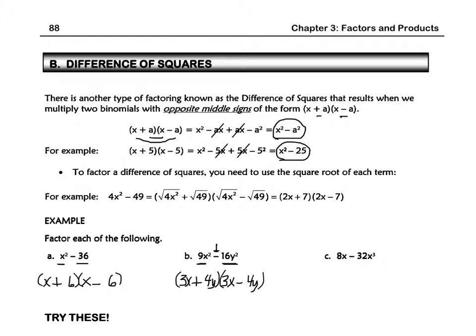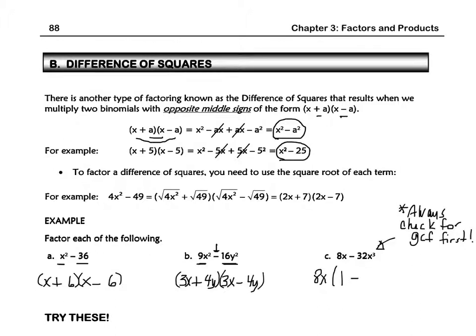Okay, so the next one is not a difference of squares. There is a difference, but 8x is not a perfect square. 32x cubed is not a perfect square. But first rule of factoring, always check for a GCF first, right? And if you look at this one, there is a GCF of 8 and x. And if you take that out of the first term, you're left with 1.